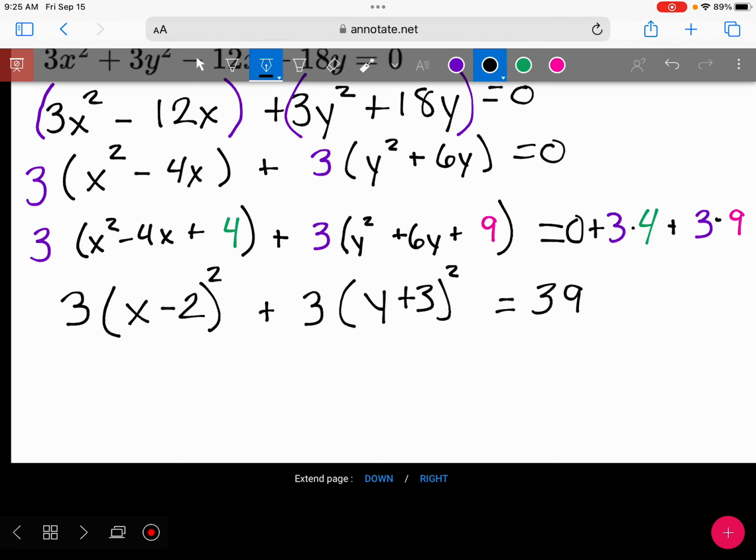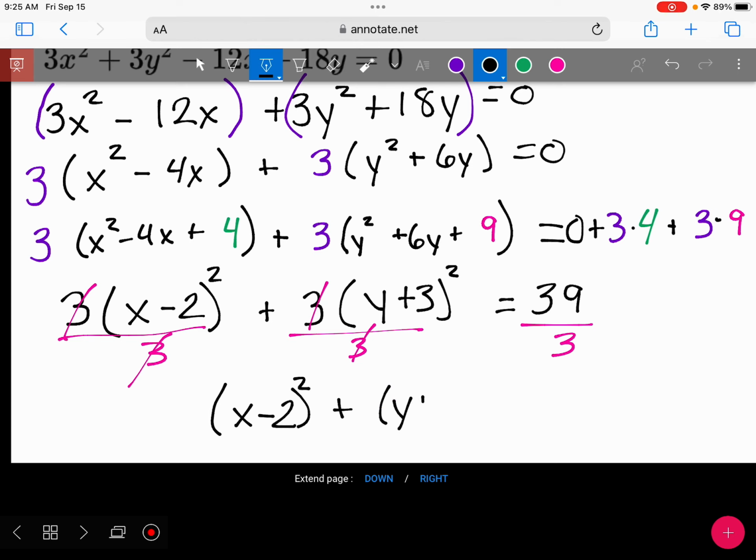I really don't like these 3's in front though. What can I do to get rid of those 3's? Divide everybody by 3. This 3 cancels, this 3 cancels. And so our equation is x minus 2 squared plus y plus 3 squared equals 13.